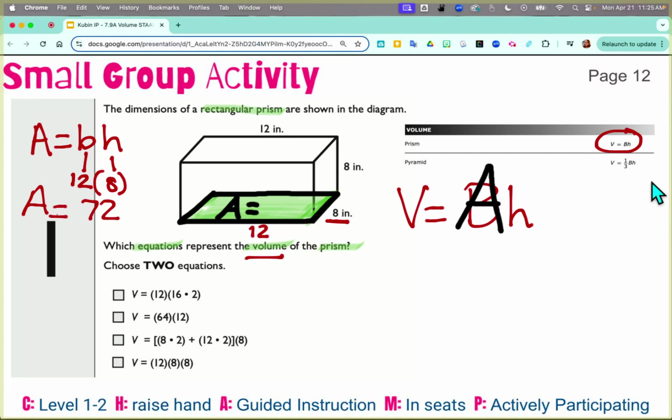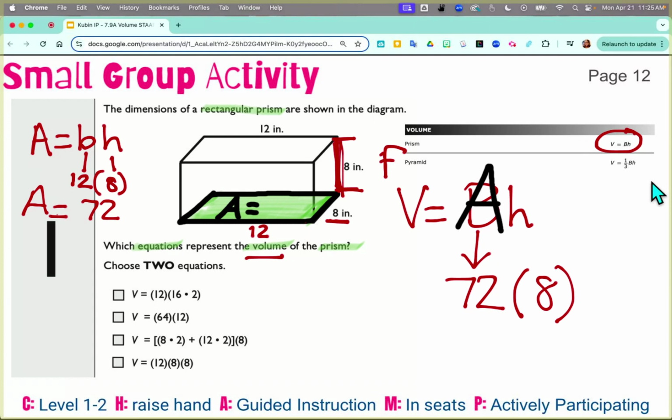So when I go to my volume formula, it is going to be 72 for area, and then the height of the entire prism, which is how tall the prism is, is 8 inches.